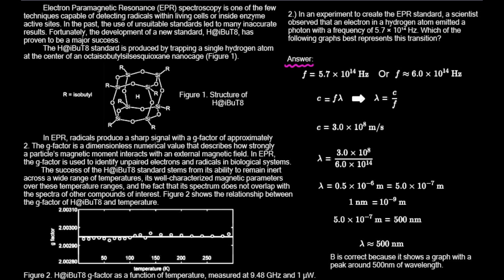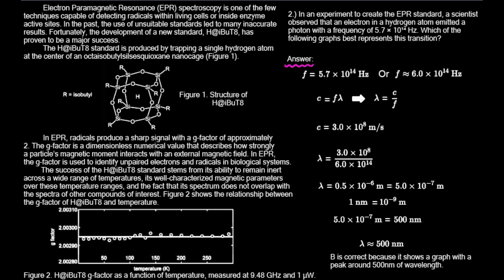When we rearrange this equation, we get wavelength equals the speed of light divided by frequency. We plug in the values. The speed of light is 3 times 10 to the 8 meters per second, and the frequency is 5.7 times 10 to the 14 per second, or in units of hertz. When we round 5.7 to the nearest whole number, we get 6 times 10 to the 14.